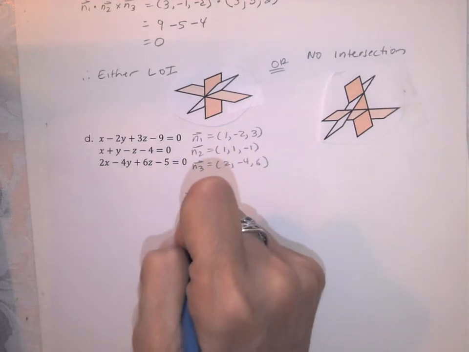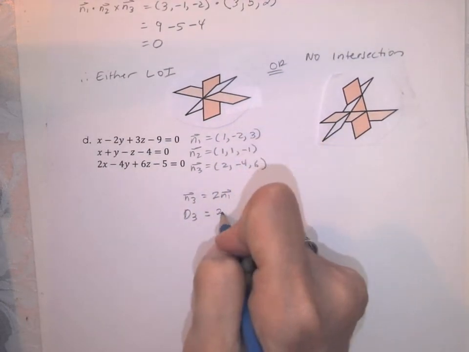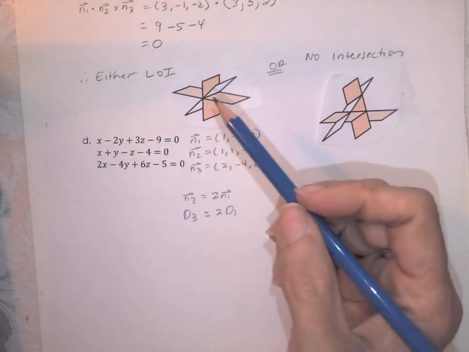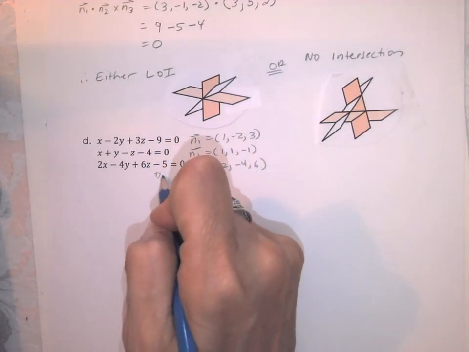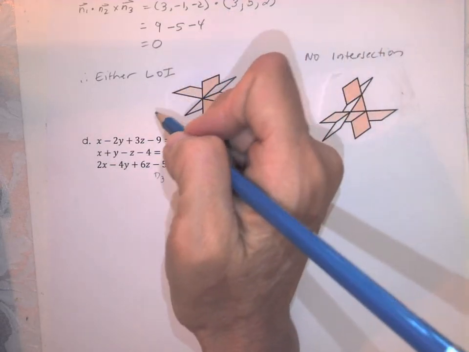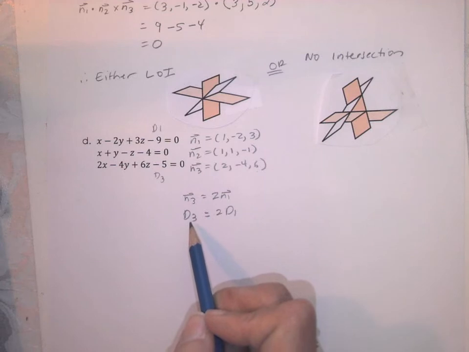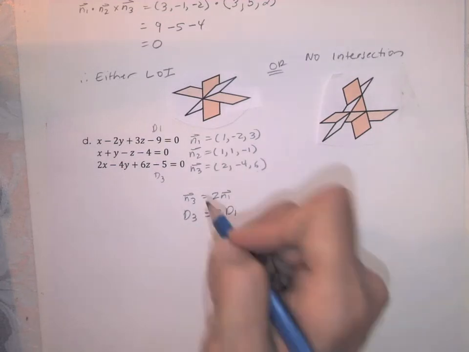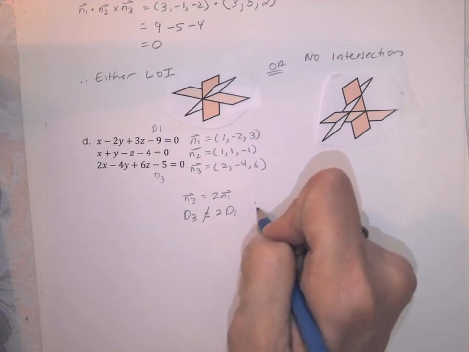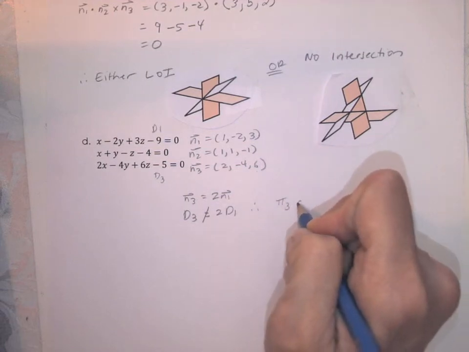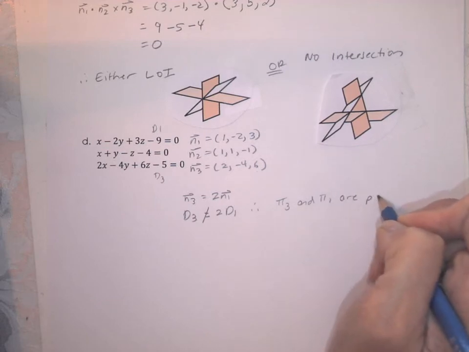So now I'm going to test, is D3 equal to 2D1? So D3 is negative 5, and D1 is negative 9, and D3 is not equal to 2D1, so this is not true. Okay, so that means pi 3 and pi 1 are parallel and distinct.